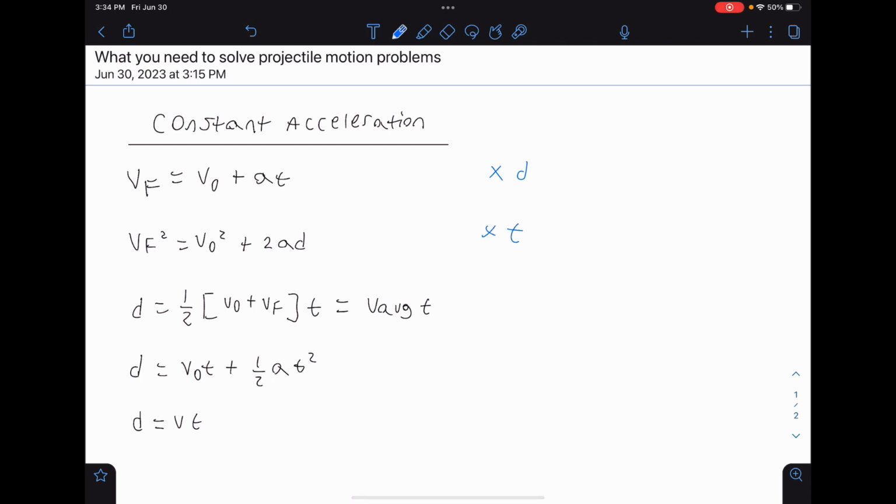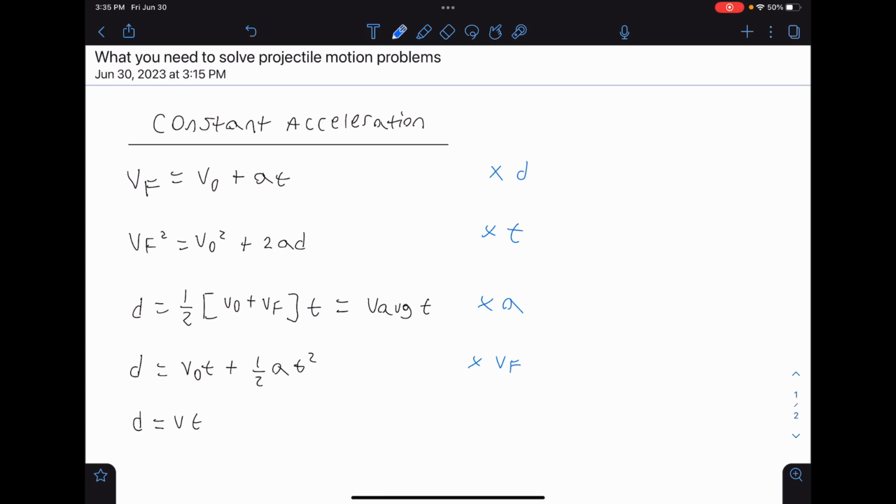So if we're given time, do we really care about that equation? No. Next one doesn't have acceleration. So we have displacement, velocities, time. Don't have acceleration in that one. Okay, so that's good. Next one. We are given displacement, initial velocity, time, acceleration, time again. Oh, final velocity is missing in this equation.